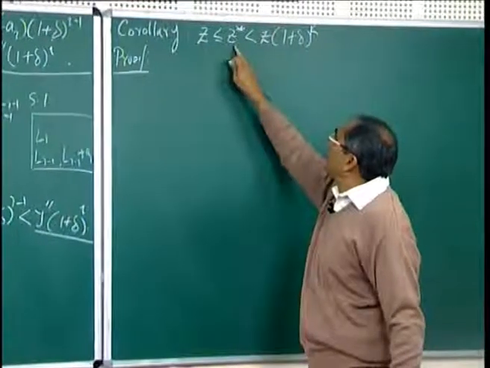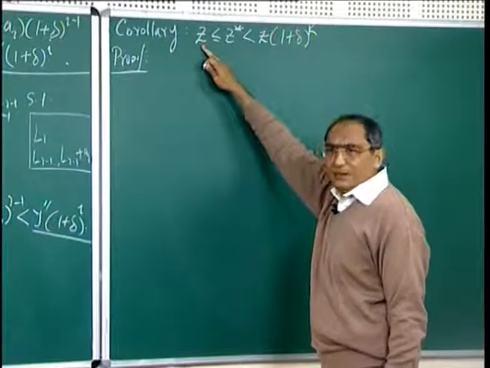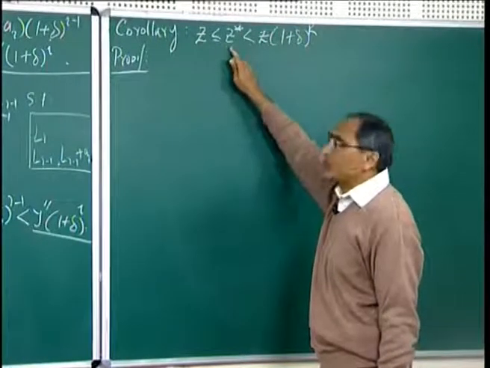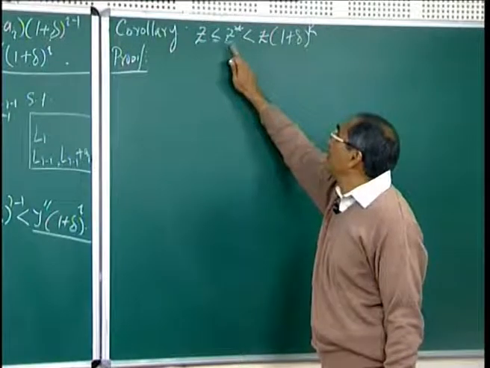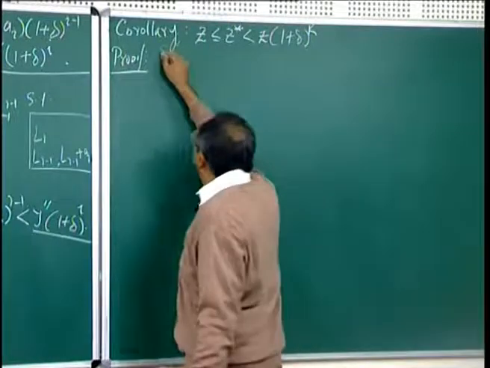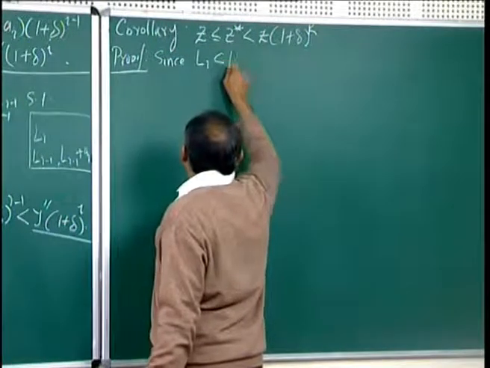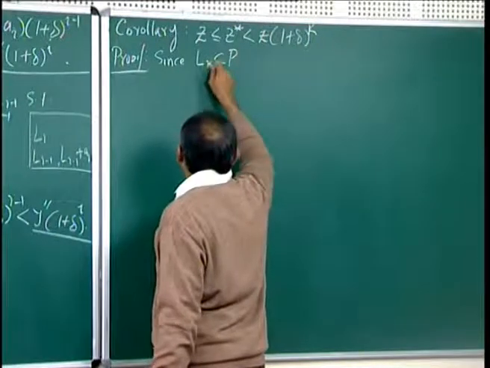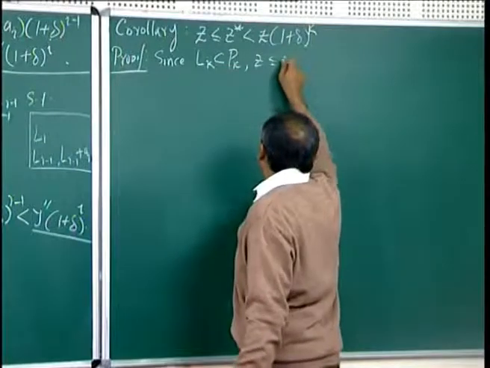The first claim is trivial because this is the largest element of Lk, this is the largest element of Pk, and Lk is a subset of Pk. So, clearly this could be larger than this. Okay. Now, since Lk is contained in Pk, Z has to be less than or equal to Z star.